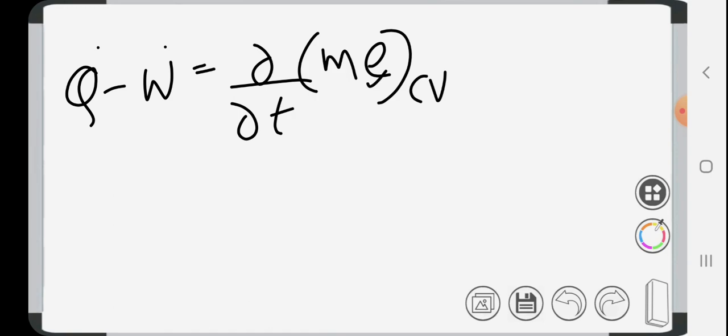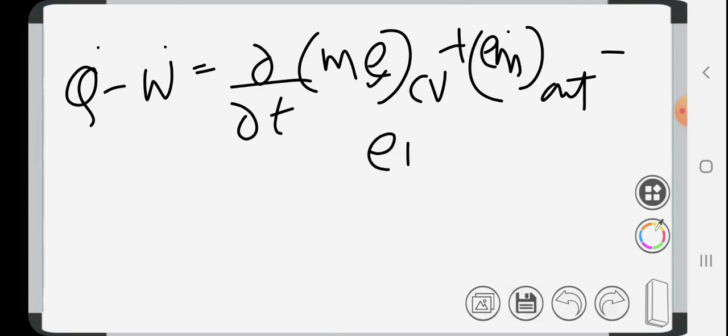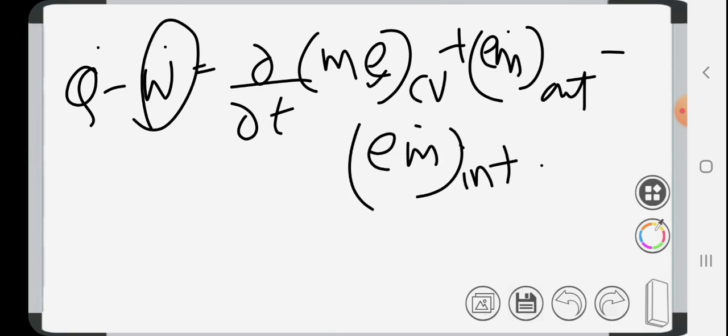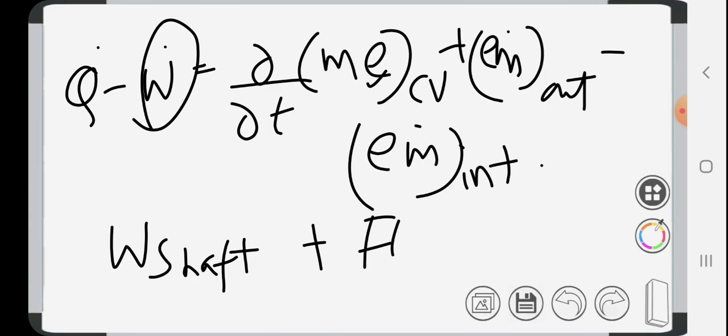Energy here is specific energy, capital E by mass, plus m dot E out minus m dot E in. Okay. So this work is shaft work plus flow work.